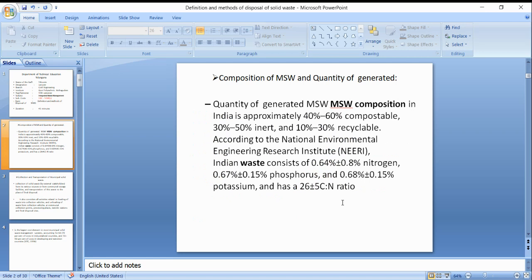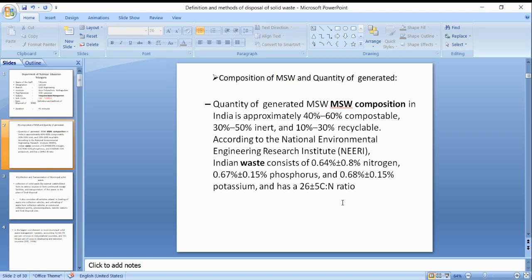We already discussed the composition and quantity of waste generated, and we have also seen the collection and segregation of waste, and the recycling and reuse of plastic, glass, paper, etc. So, what do we mean by composition?